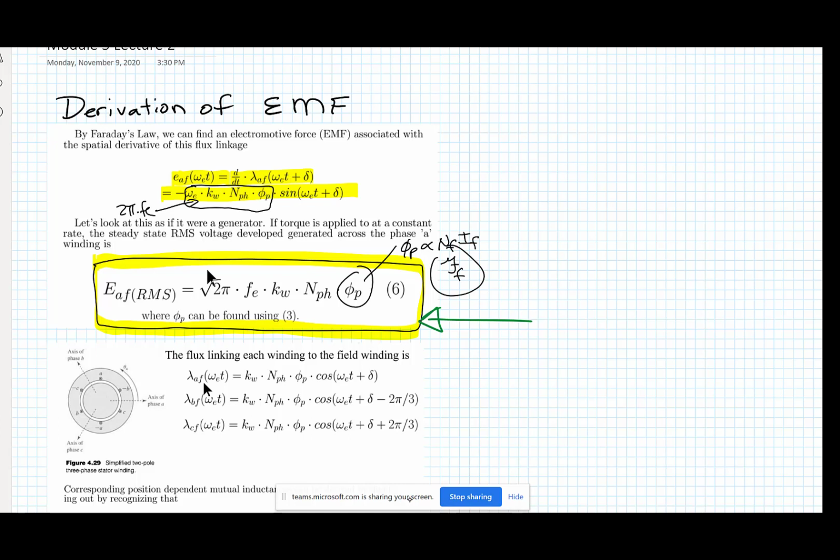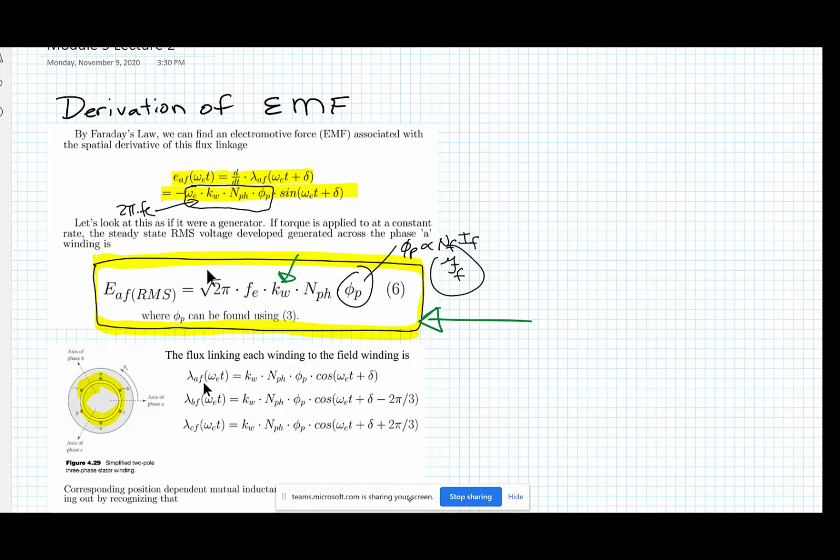In the prior lecture we derive this, and we help you understand what this little factor is here. It has to do with the distribution of the windings, because you essentially have an MMF that gets distributed around the rotational direction of the machine, kind of like what I'm highlighting right here. We go through that in the prior lecture.